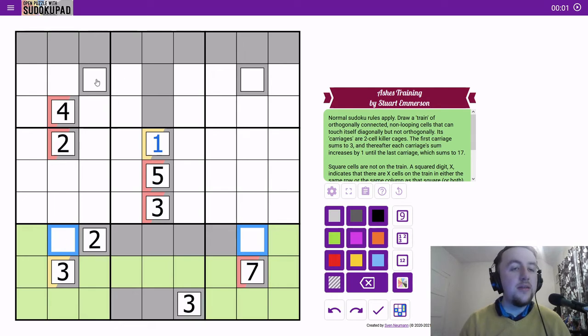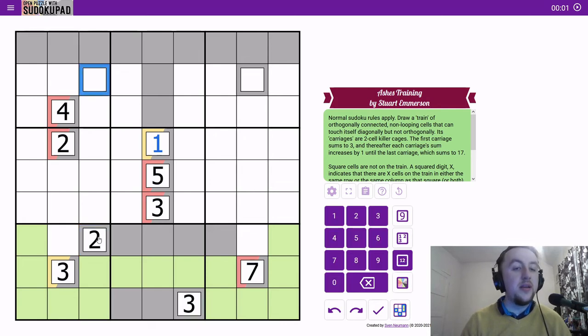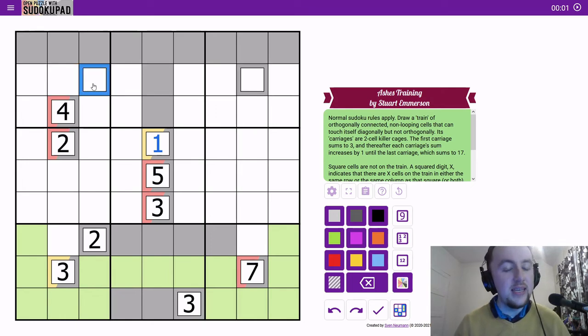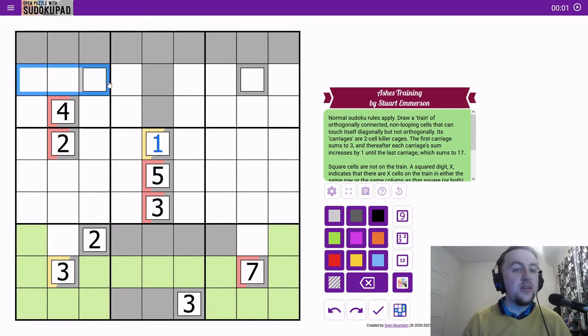If alternatively, well, we could still have a train cell in this row, but if this is a column clue and not a row clue, then it must mean that this too has to be a row clue, because we can't have 2 column clues in the same column. And we also can't have this clue being a 0, because 0 is not a valid digit in the Sudoku, so we can't have a row clue cluing that there are 0 train cells in this row.